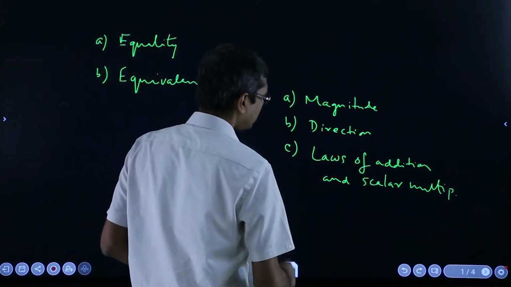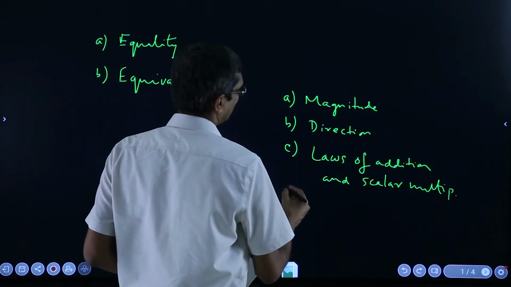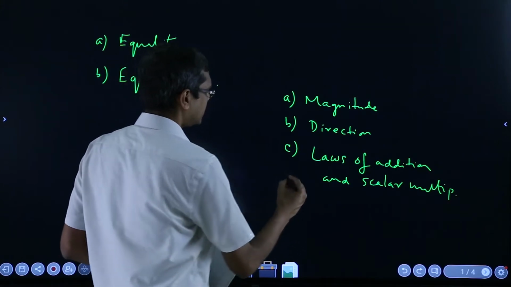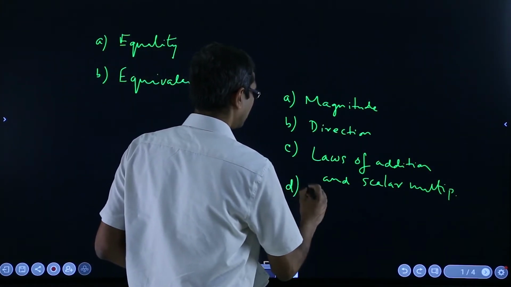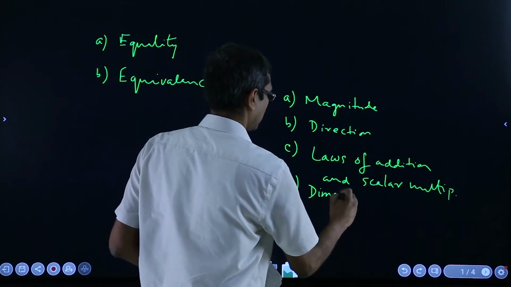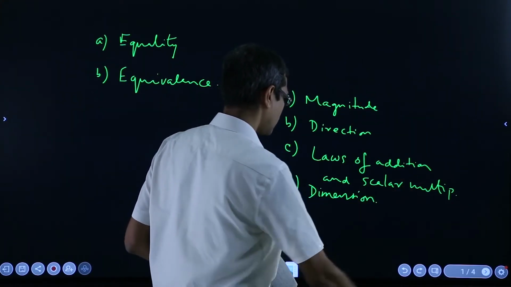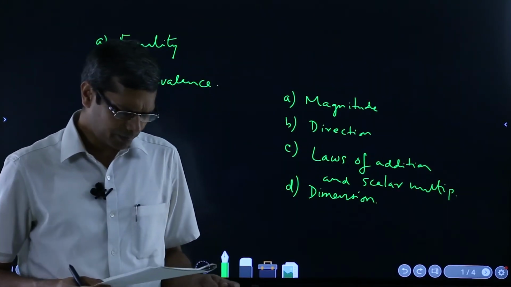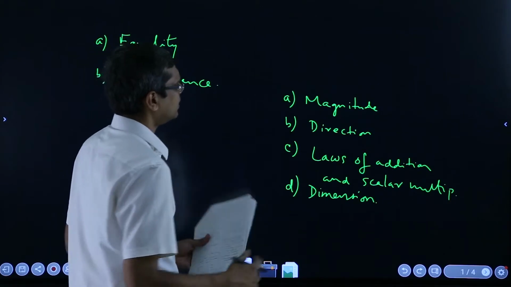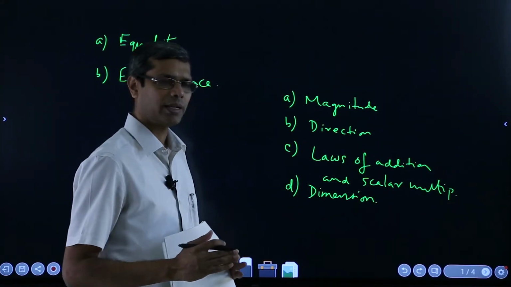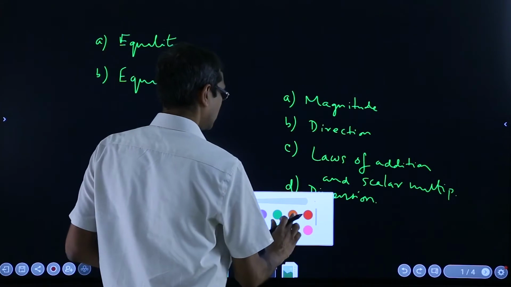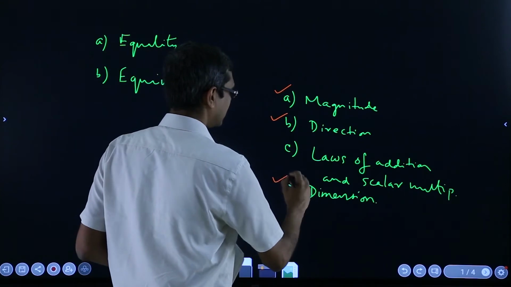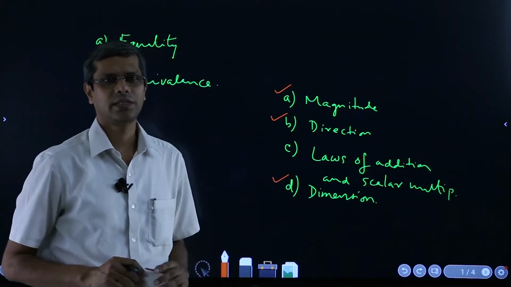And one more thing which I would like to add here for equality is the dimension. When you compare two vectors for their equality, you have to look at these three things.